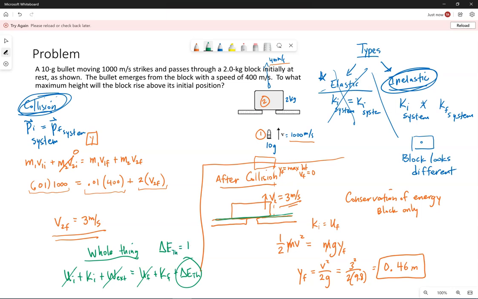So we could calculate the thermal energy generated by taking the change in kinetic energy of the system. But we had to have calculated this final velocity of the block through conservation of momentum first.